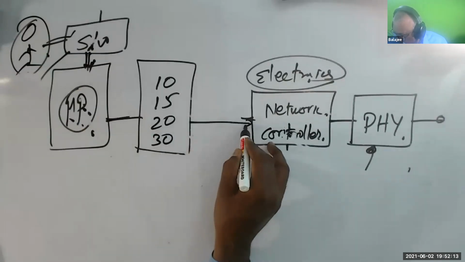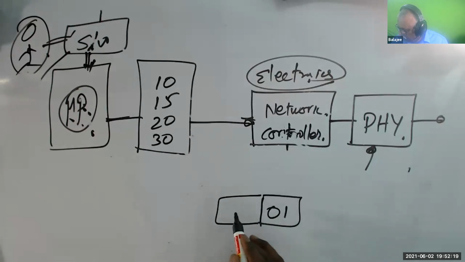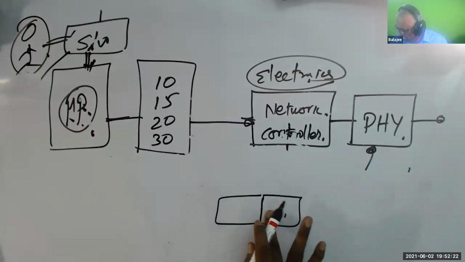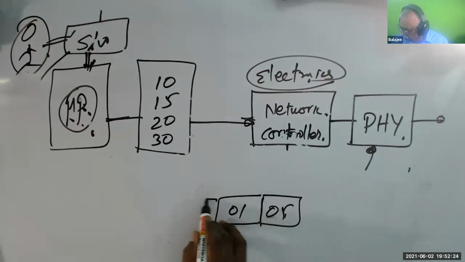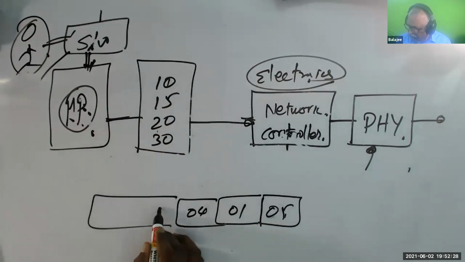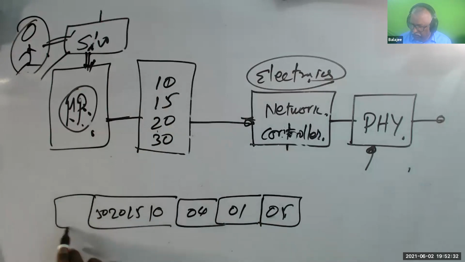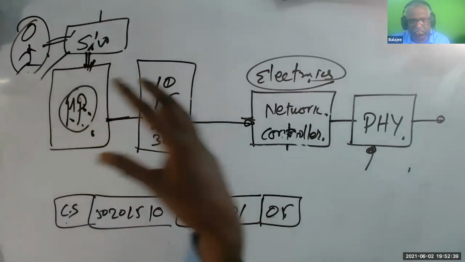When it goes to the network controller, he adds the to address and then the from address and the 4 bytes, then the data, and the checksum. These are all calculated by the network controller's job. That is not the microprocessor's job. You give only the data.